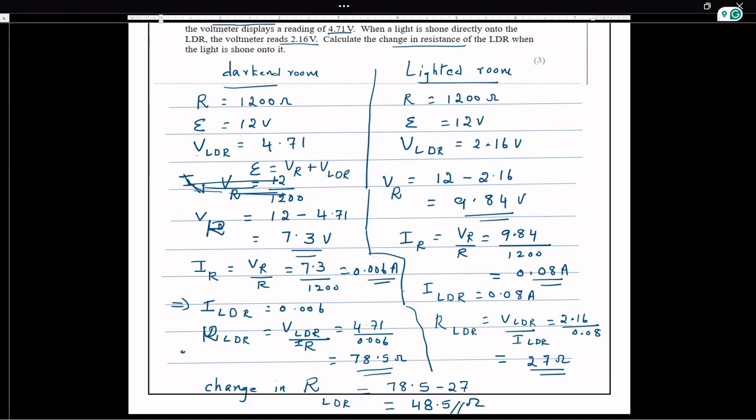Then from that we calculate the resistance of the LDR. Similarly, in the lighted room also, first we calculate the voltage of the resistor, then the current of the resistor, which is the same as the current of the LDR. After knowing the current and the voltage of the LDR, we calculate the resistance of the LDR. Okay, so it gives a difference of 48.5 ohms.